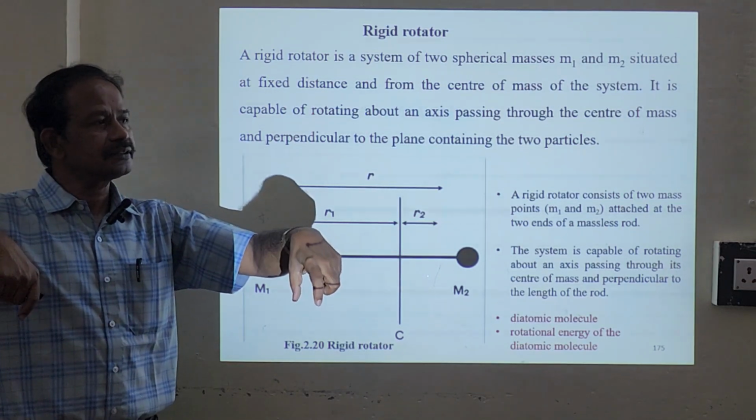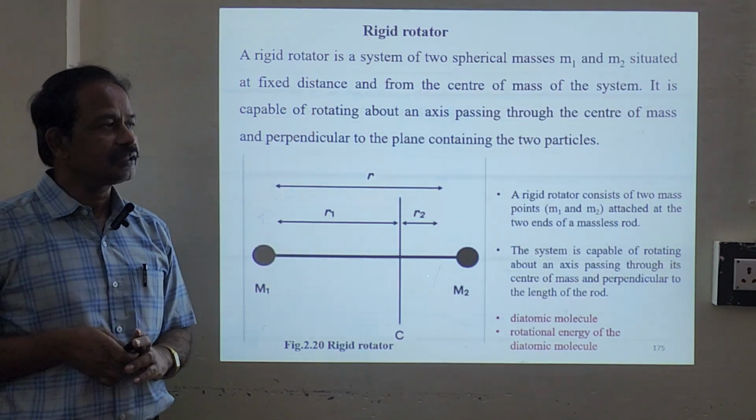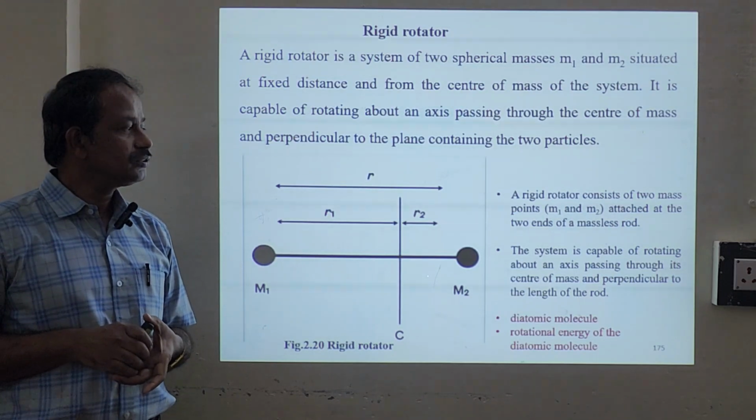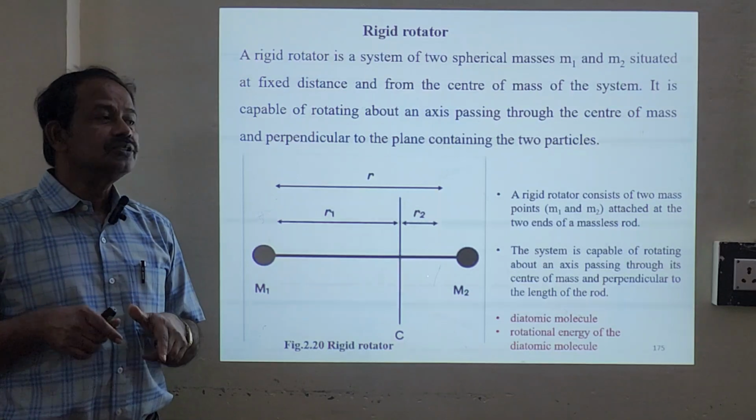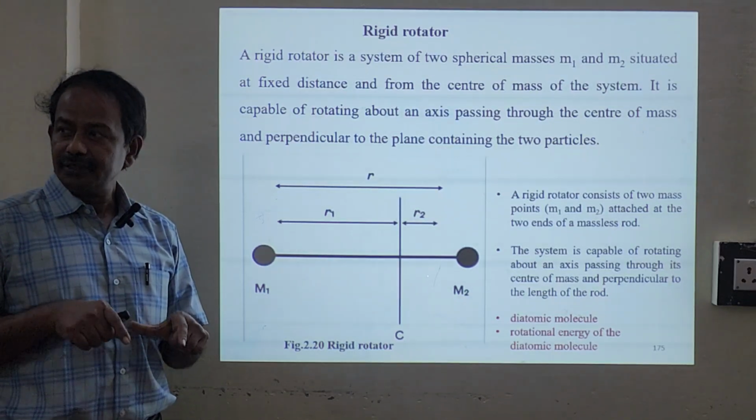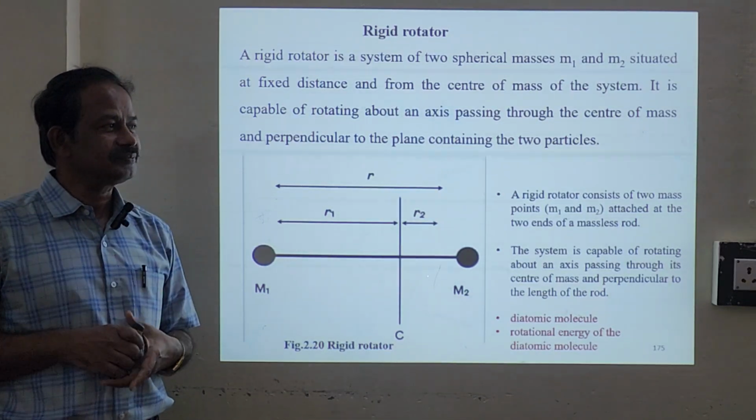These two masses will rotate. So we have an equation that contains only theta and phi.